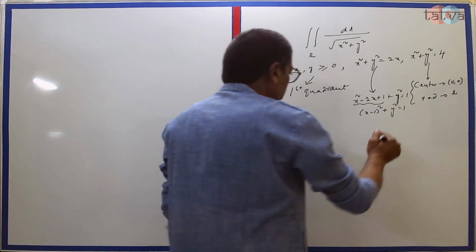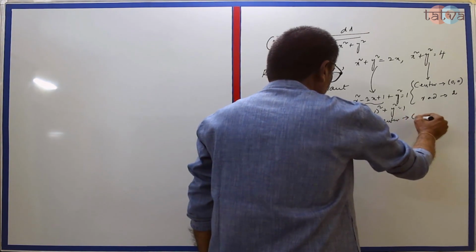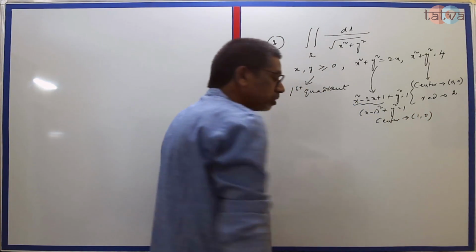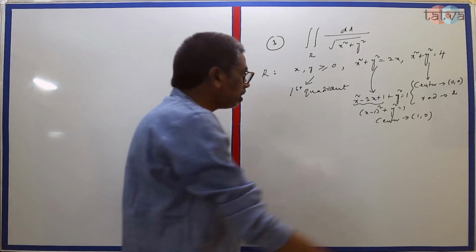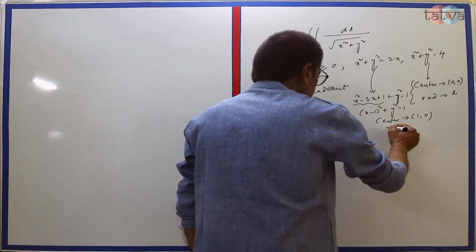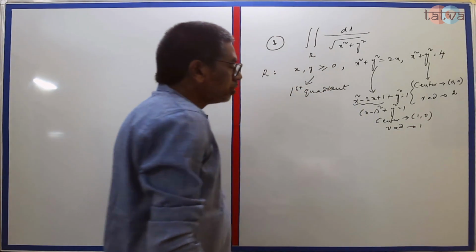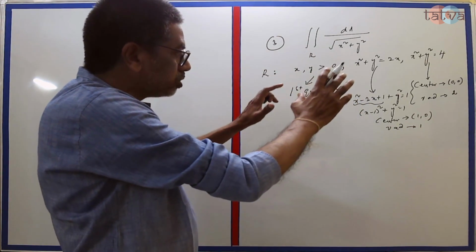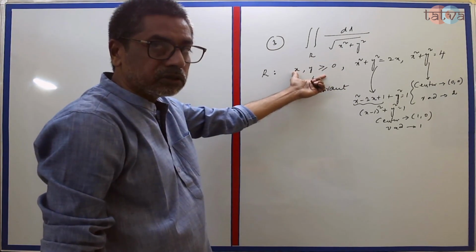Now things are becoming clear. The center of this circle will be (1, 0), which means it has center on the x-axis and the radius is 1. So let me first draw both the circles, then take this information into account, then shade the region.